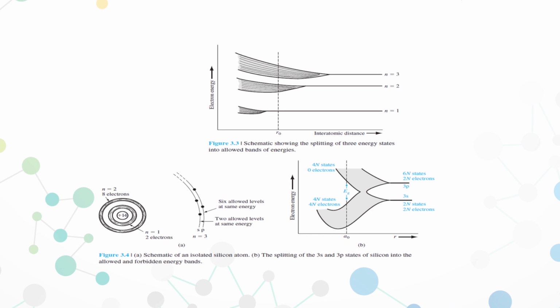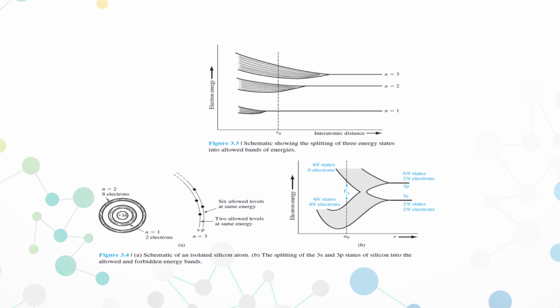N1 represents the first orbit, N2 represents the second orbit, and N3 represents the third orbit. As we move away from the nucleus, the energy of N1 is the least, N2 is between N1 and N3, and N3 has the maximum energy.